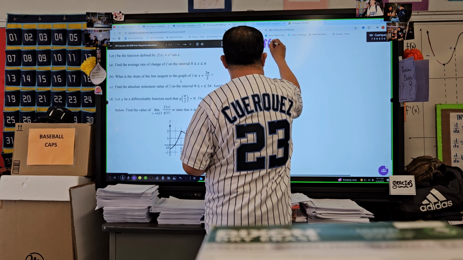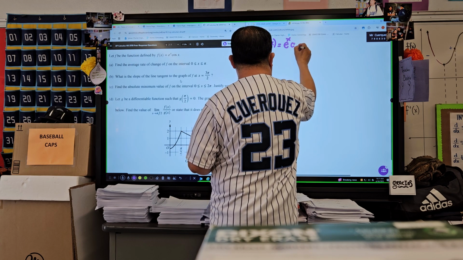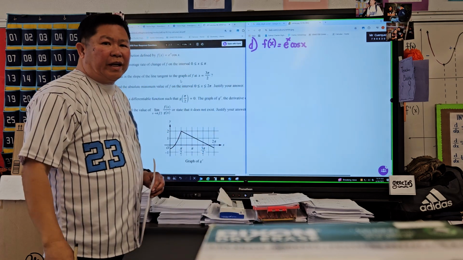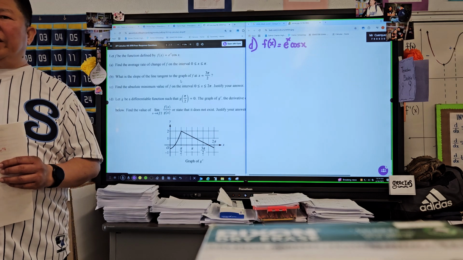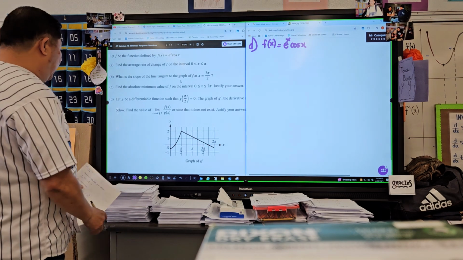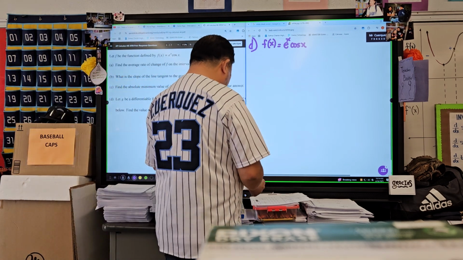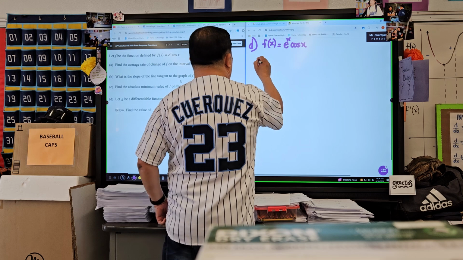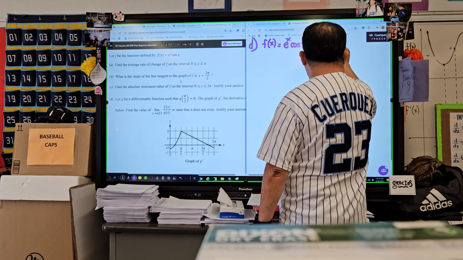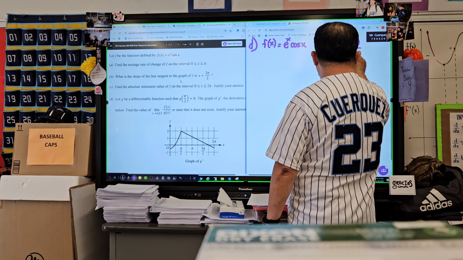Given f of x equals e to the power of x cosine x, the limit as x approaches pi over 2 of f of x over g of x.